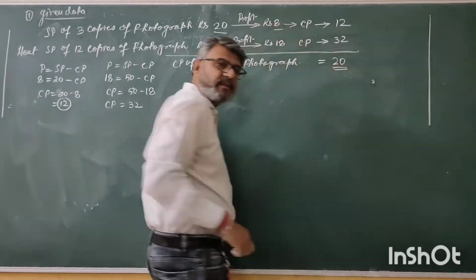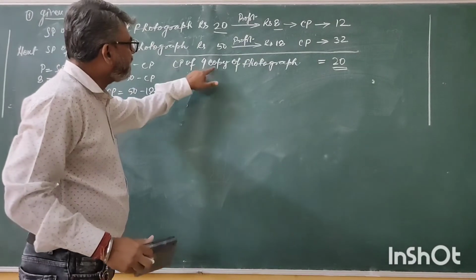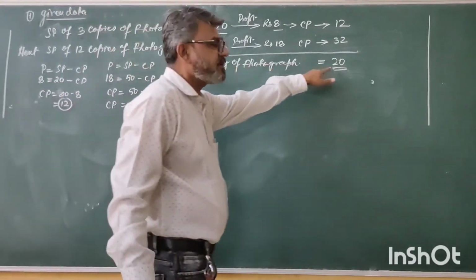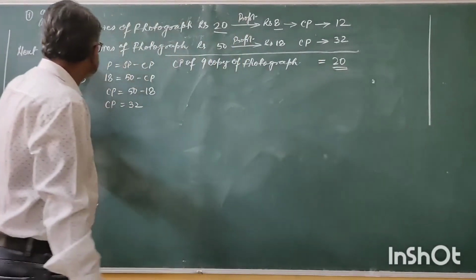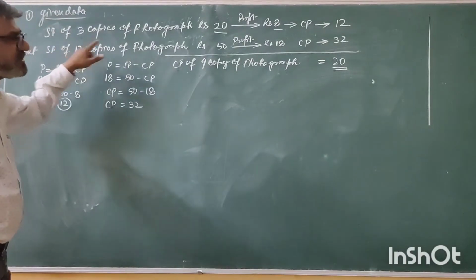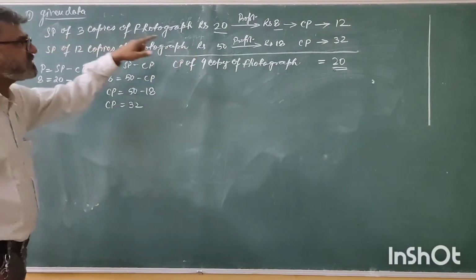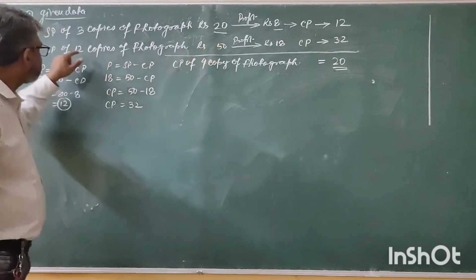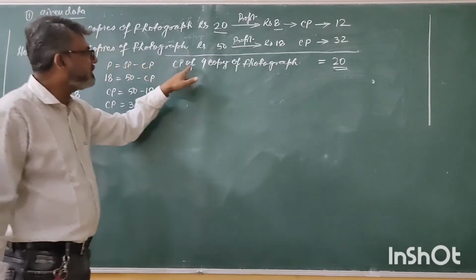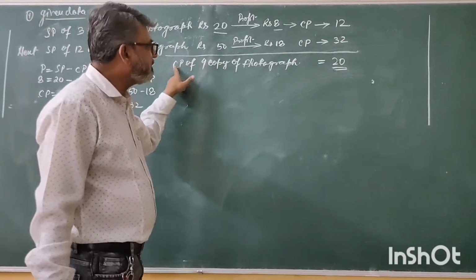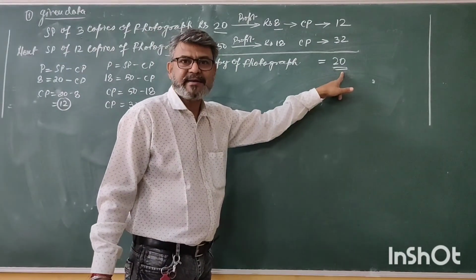Understand? The CP of 9 copies of photograph equals 20 because the CP of 12 copies is 32 and of 3 copies the CP is 12.